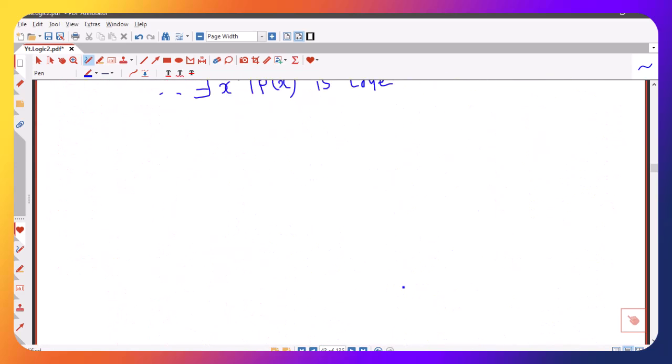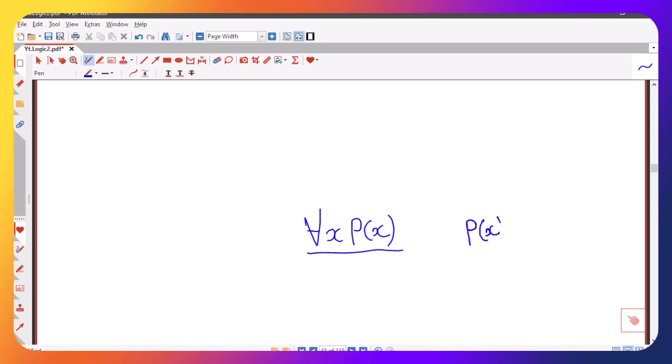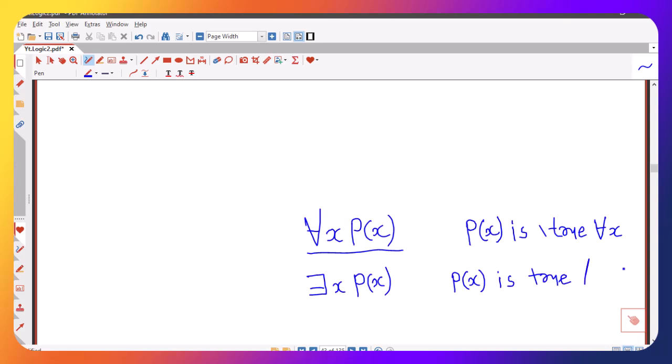All we have to remember is that whenever we have universal quantification, then this is true if p(x) is true for all x, and whenever we have existential quantification, then this is true if there exists some x such that p(x) is true for that x, or we can write p(x) is true for some x, or if there exists at least one x such that p(x) is true, then this is true.